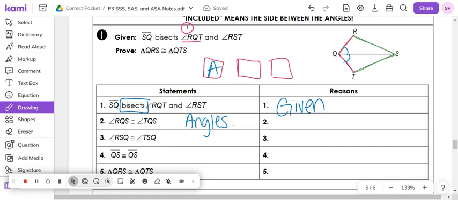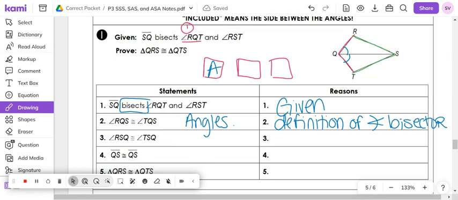We use the word bisect here to be able to figure that out, but an angle is being bisected, so that means SQ is the angle bisector. So we're going to say that our reason for number 2 is definition of angle bisector. Okay, so SQ is an angle bisector here because it's bisecting an angle.